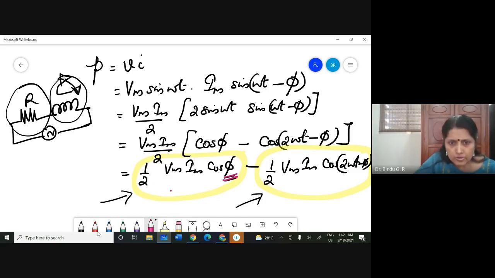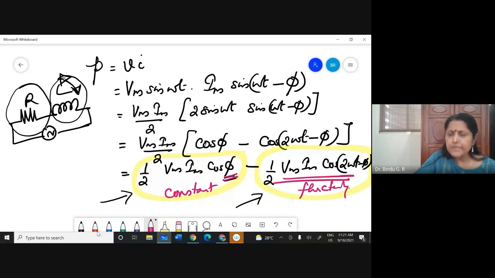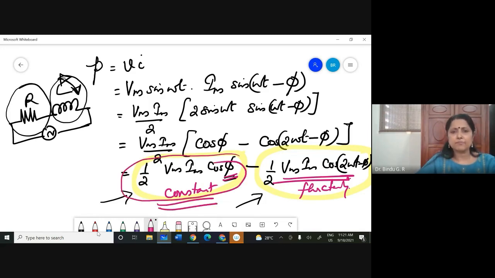This is a constant term and this is a fluctuating term. So this represents the power going in and coming out of the magnetic field of L, and this represents the power consumed by the circuit. I hope you have written down these equations.